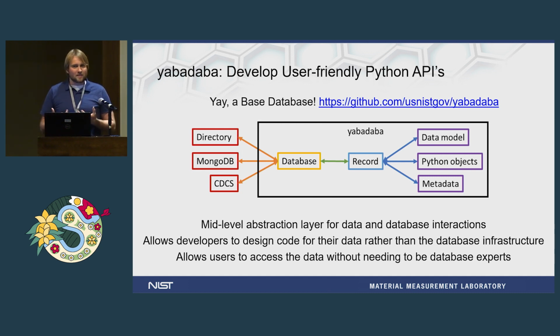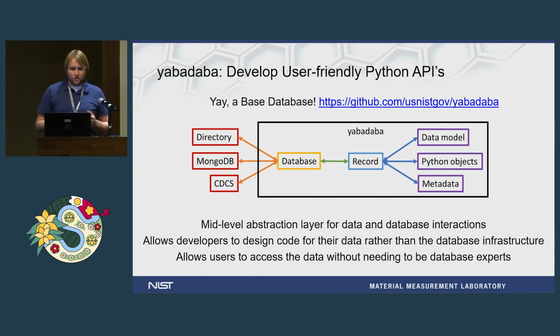The idea is to make it easier for the people who are generating data and developing packages to support that data to easily release these user-friendly packages. So in fancy terms, it's a mid-level abstraction layer for data and database interactions. More specifically, it's supposed to allow developers and data generators to design code to support their data rather than worrying about the database infrastructure, and allow users to access the data without needing to be database experts themselves.